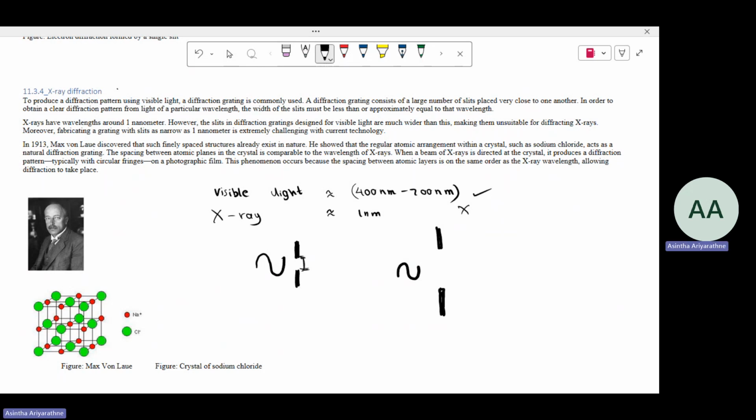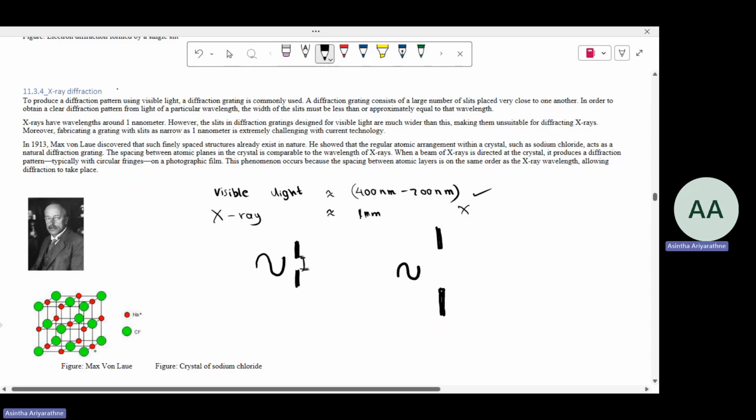But later, this scientist found that there are crystals having small spaces between the crystal particles that comply with the diffraction of X-rays and could be used to observe it.